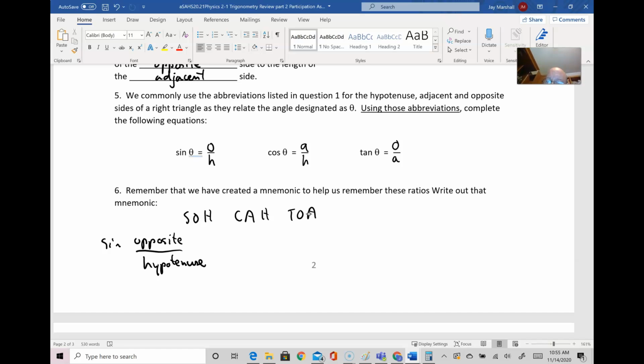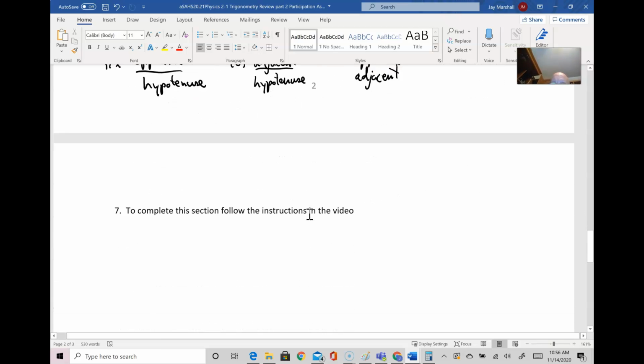Sine is opposite over hypotenuse, cosine is adjacent over hypotenuse, and tangent is opposite over adjacent. Okay, SOHCAHTOA. That mnemonic will help you remember all of these things.